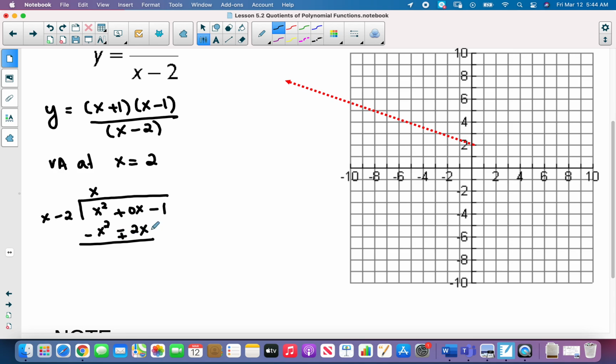Subtract, you get 2x minus 1. Plus 2. 2 times x is 2x minus 4. Subtract, you get 3 as the remainder here. And so this becomes the equation of the oblique asymptote. So the oblique asymptote is at y equals x plus 2.